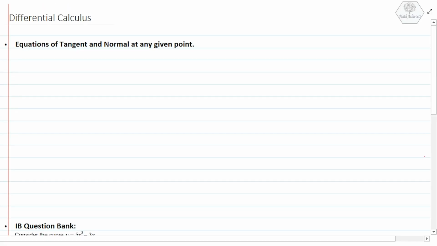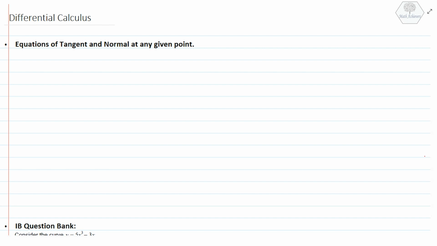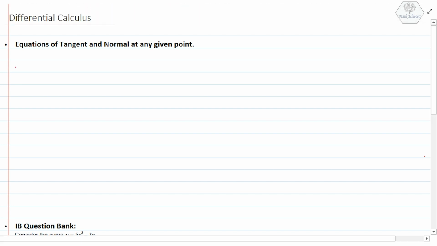Now, let's talk about the equations of tangent and normal at any given point. The first thing that we have to find out is the gradient of the tangent and the gradient of the normal. You have to know that the normal is always perpendicular to the tangent.